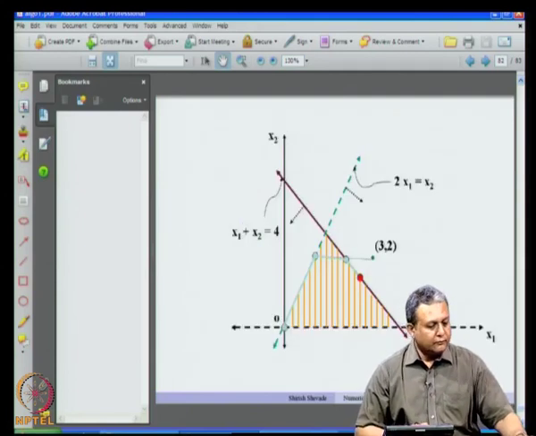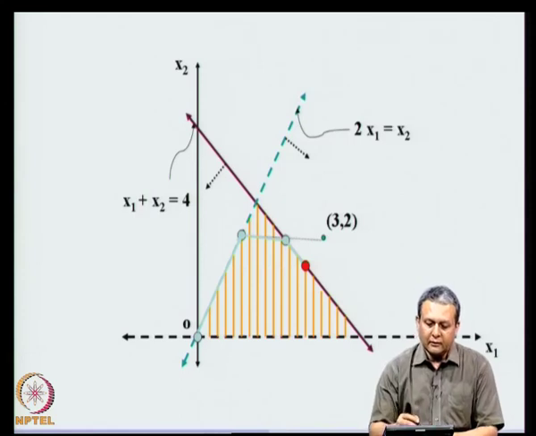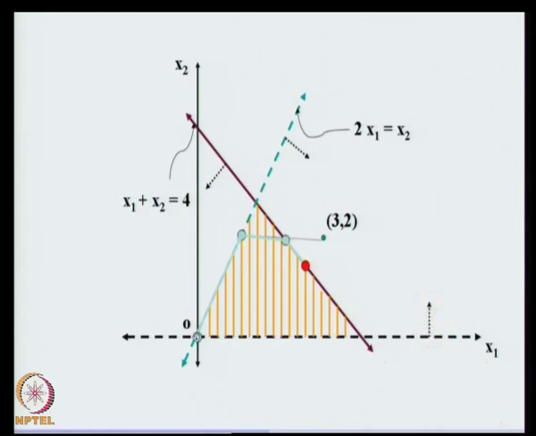Now, another disadvantage of the active set method is that one needs to find out a proper combination of active constraints to get the solution.